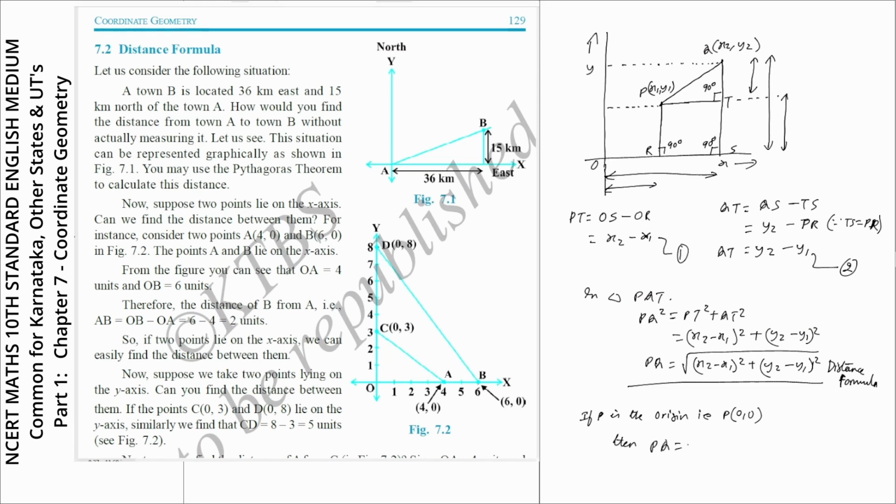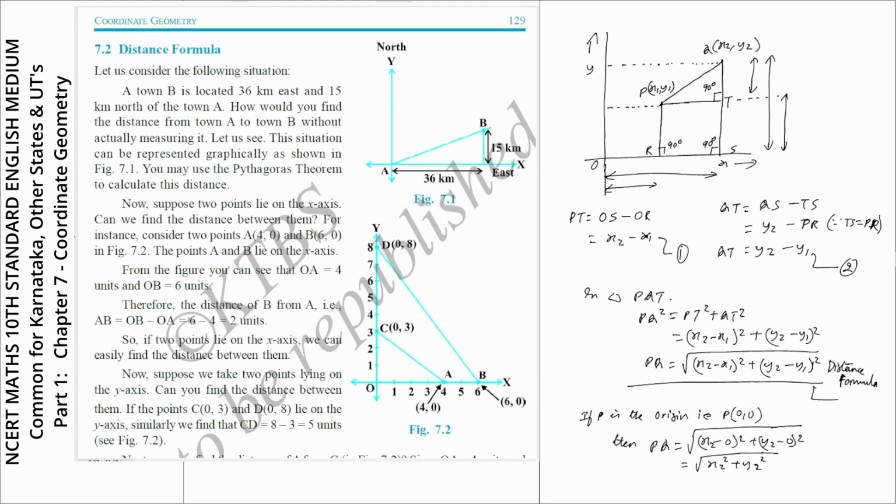PQ will be equal to square root of x2 minus 0, the whole square, plus y2 minus 0, the whole square. So or simply it becomes square root of x2 square plus y2 square.